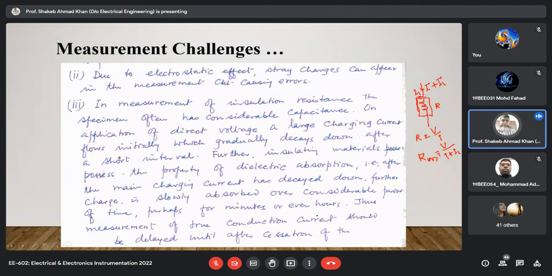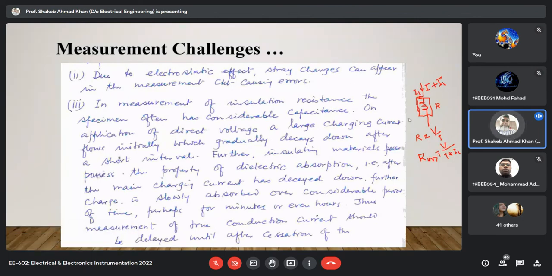So this will become a capacitor, and there will be a lot of static electrostatic charges, stray charges, and these stray charges will affect the measurement of resistance, and that is another issue. So stray charges on the capacitance, because here we are not connecting any capacitance. The experimental setup itself is becoming a capacitance, and then the stray charges will introduce the error.